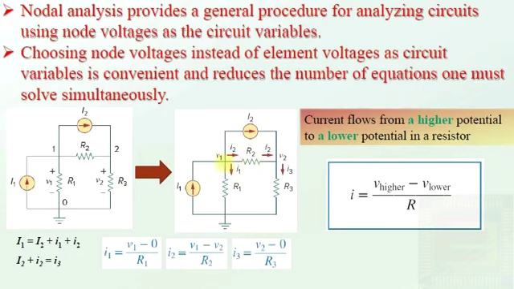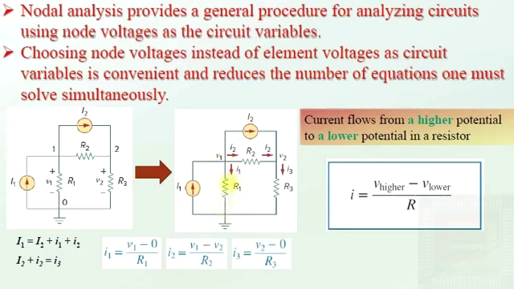Here you can see that node 1 is at a potential of V1 with respect to the reference node. Generally, current flows from a higher potential to a lower potential in a resistor. So if you have to find the current flowing through the resistor R1, it is given by the potential of this point minus the potential of this point, that is the potential difference between these 2 points, divided by the resistance.